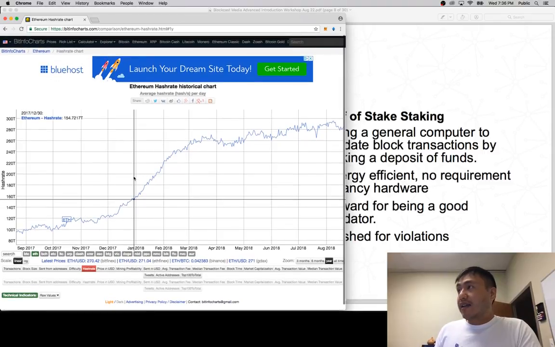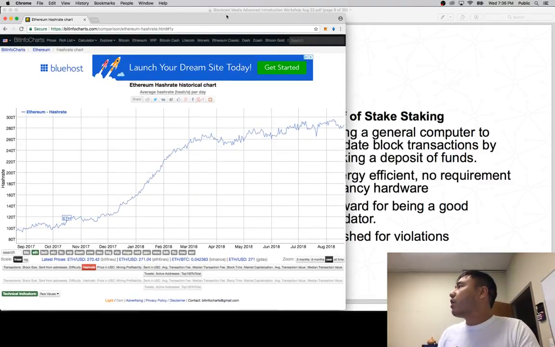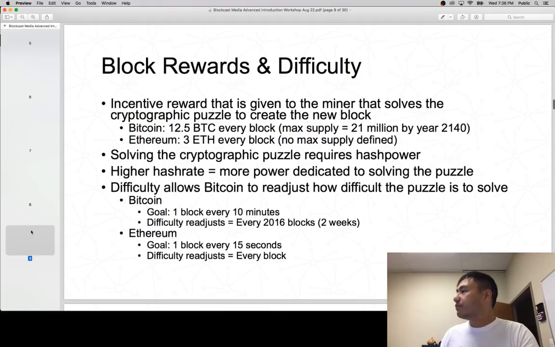So that is what hash rate is. We'll keep going forward. Yeah, so for Ethereum, in terms of the difficulty, it gets readjusted after every block, whereas Bitcoin, it's every 2 weeks.